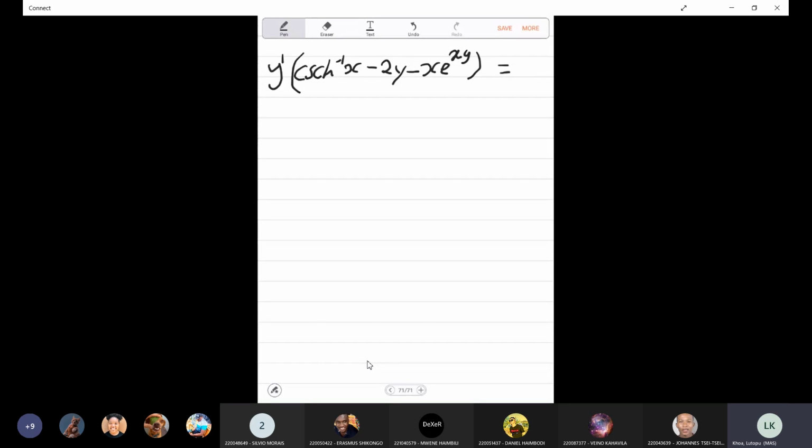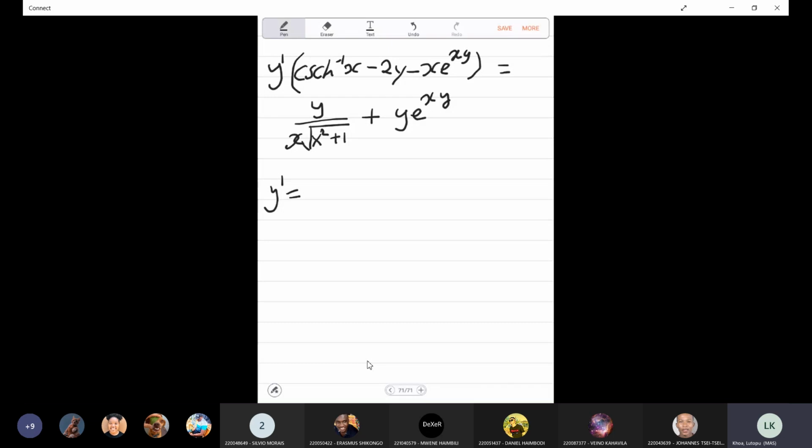So the negative y over x square root of x squared plus 1, when it goes to the other side, it becomes positive. This is y over x square root of x squared plus 1. And y e to the power of xy, it's already on the right hand side and it's positive. So I have y e to the power of xy. Right, then your y prime, divide by the bracket on both sides.